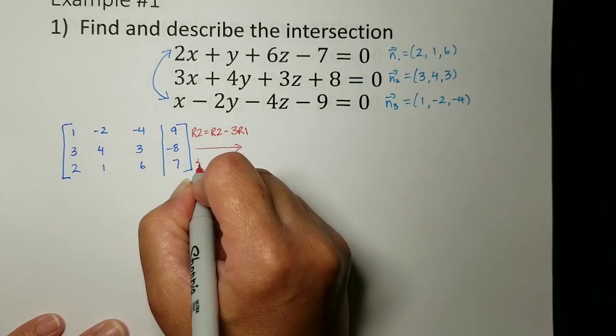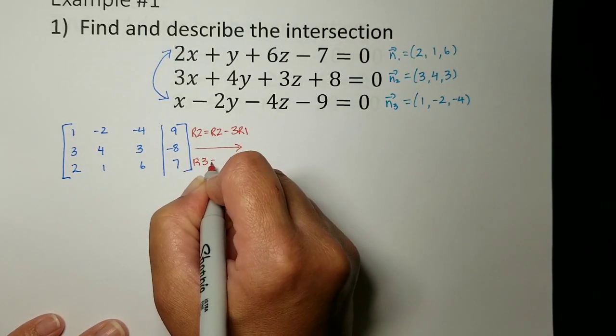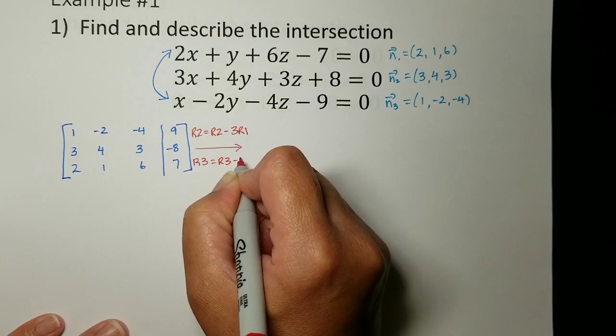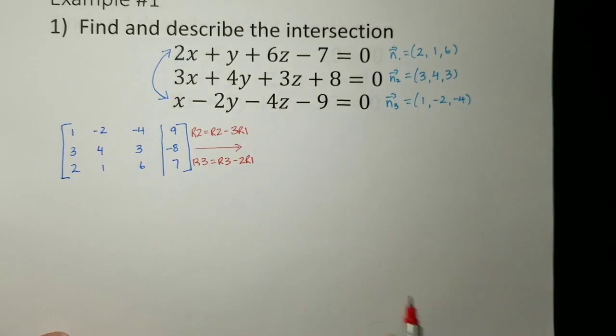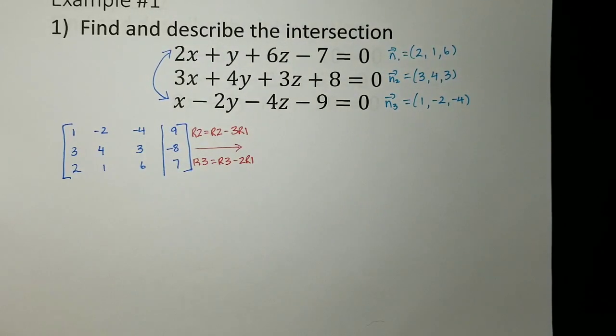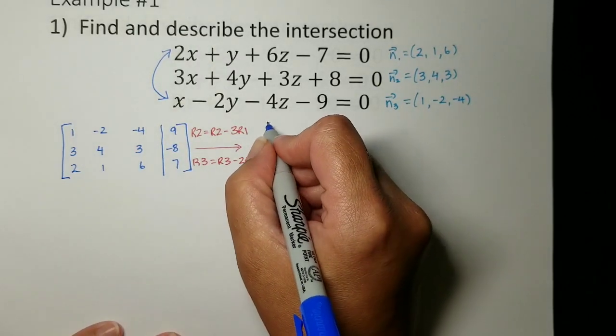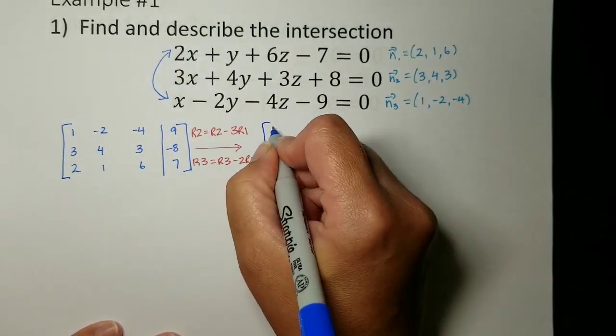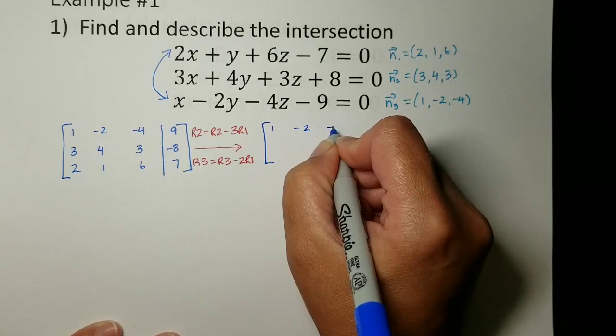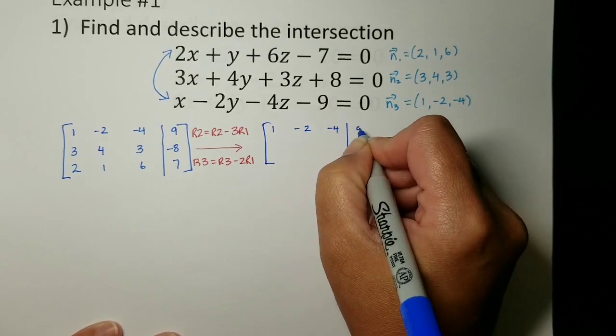And my row 3 is the old row 3 minus 2 times row 1, because I have to get a 0 in that bottom corner. So I'm not changing anything in the first row: 1, -2, -4, and 9.